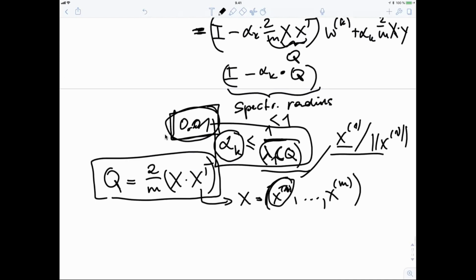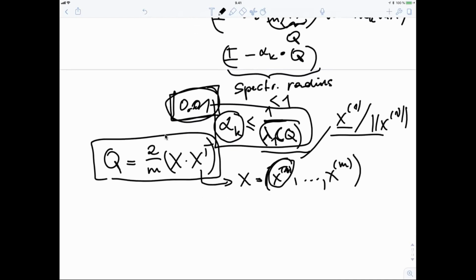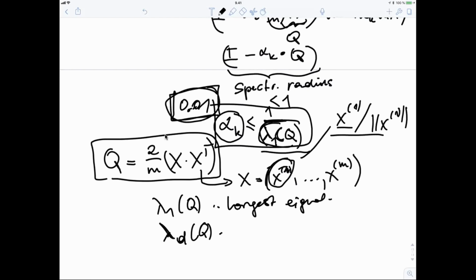Yeah, it turns out that if you not only have a sufficiently small largest eigenvalue, so lambda 1 of Q is the largest eigenvalue of this matrix, and lambda D would be the smallest eigenvalue.